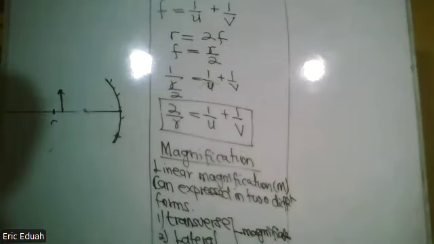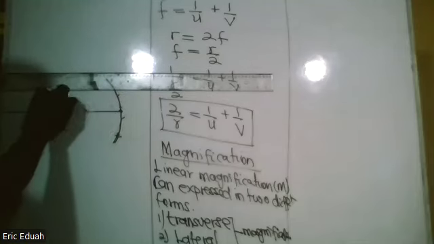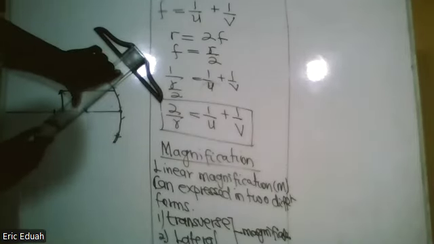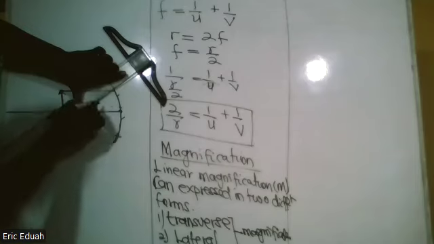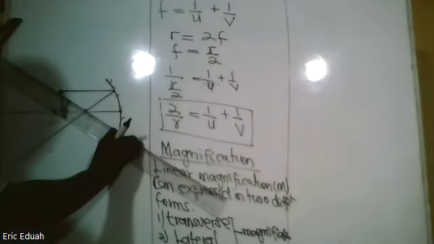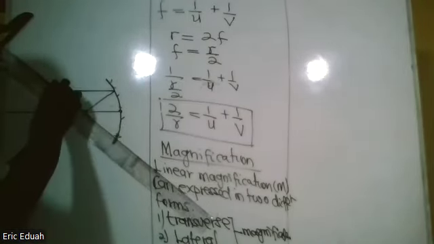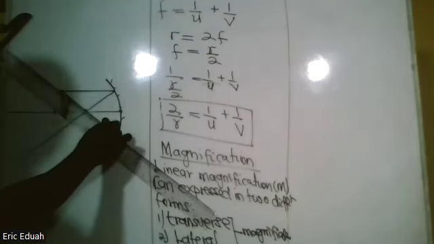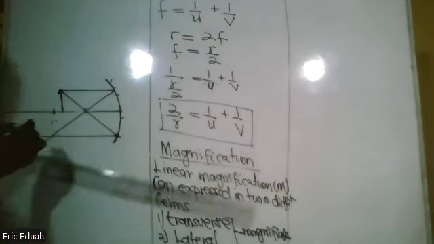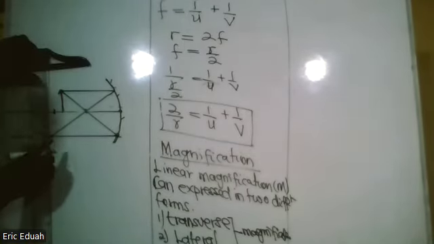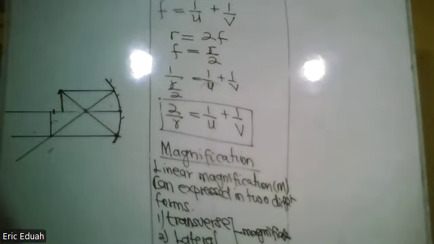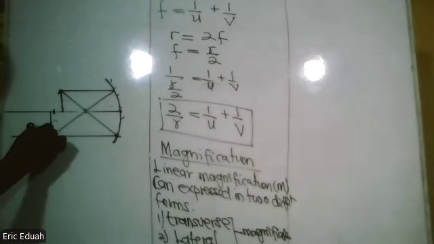Then we have the image formed behind C. This image is real.